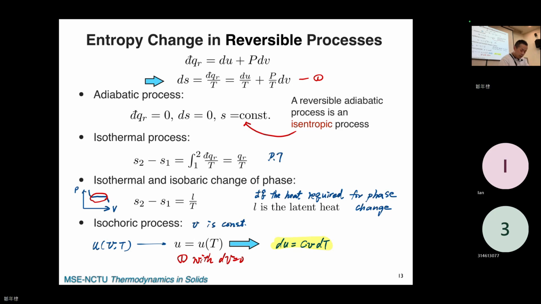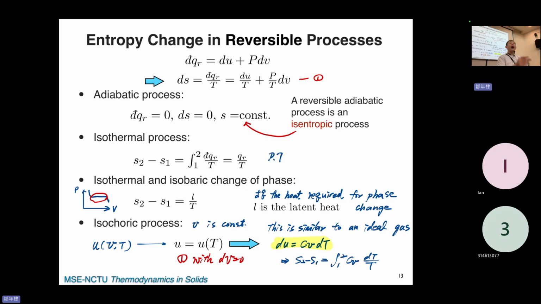Now after this, S2 minus S1, the entropy change, can be just the integration of CV dT over T. And don't you think this is similar to ideal gas behavior?